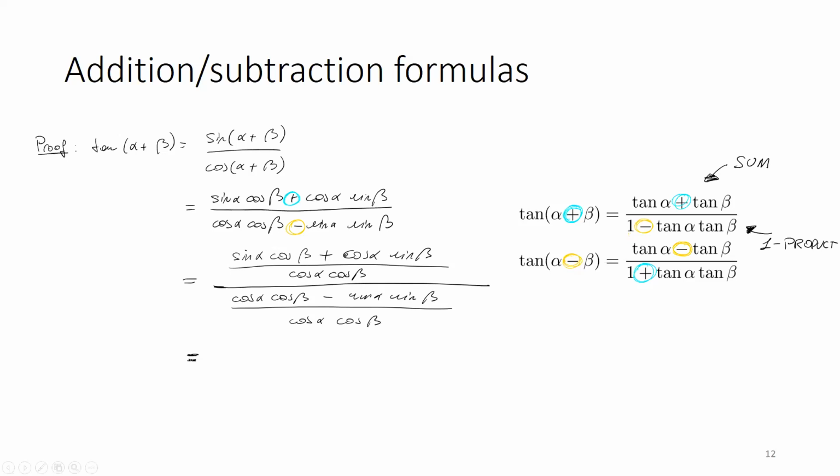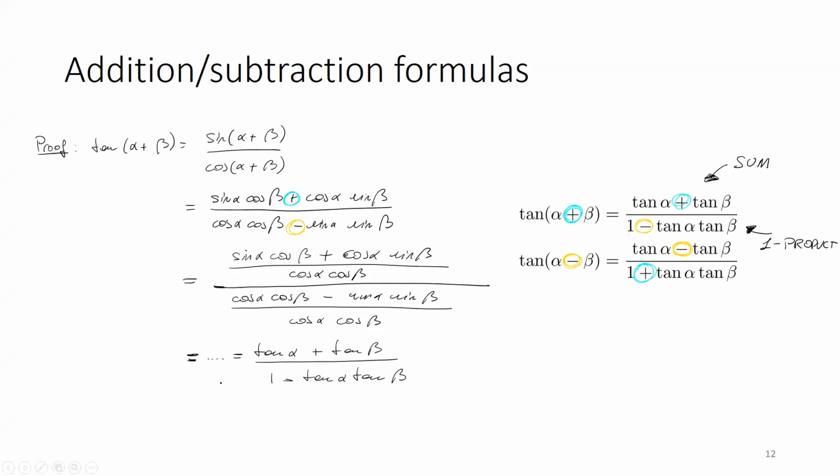And now we're almost there. Now you just divide each fraction up into 2 and you simplify. And with a little bit of algebra, what will come out is precisely what we have on the right-hand side, tan alpha plus tan beta over 1 minus tan alpha times tan beta.